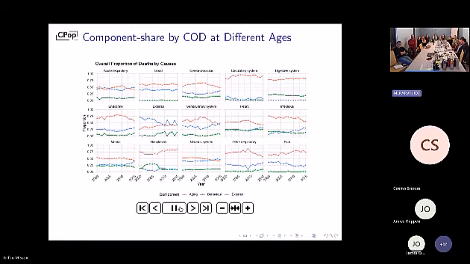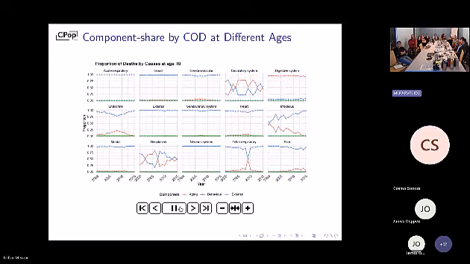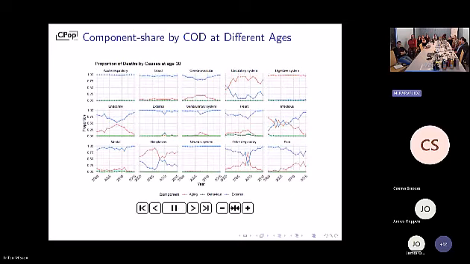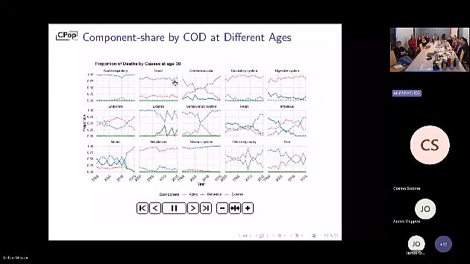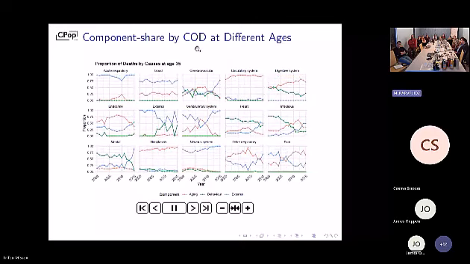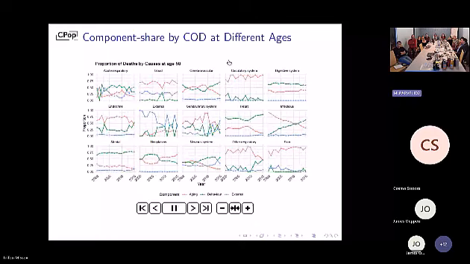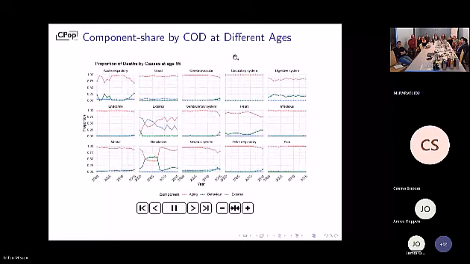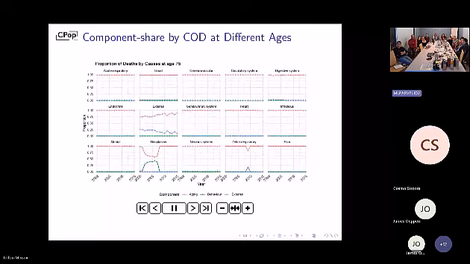So we can again do this by age, starting at different ages, and you can see that it is first the external and the behavior-related components that dominate at age 95. Of course, here variability in the data is not very high, but let's get back to 70.